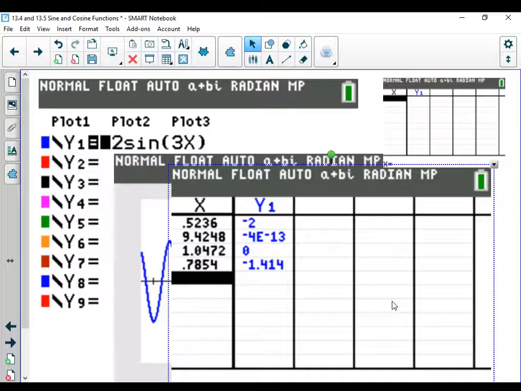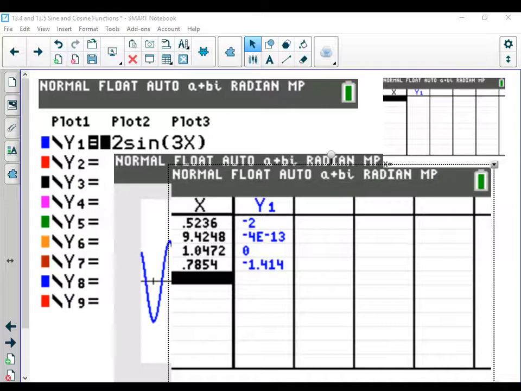Another way you can do these, go back to your calculator and go to your graph. And you can go to second calc. See how option 1 is value. Click enter. And it just says x equals.